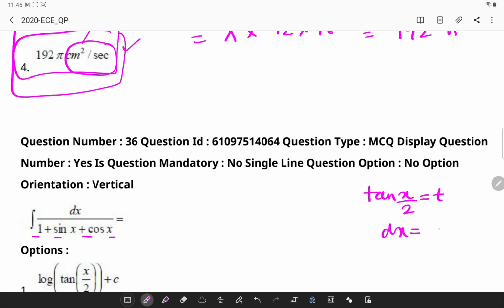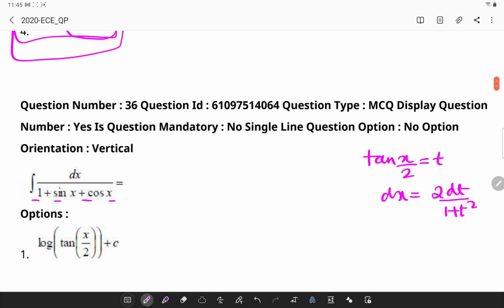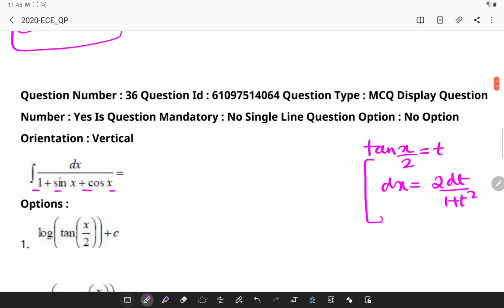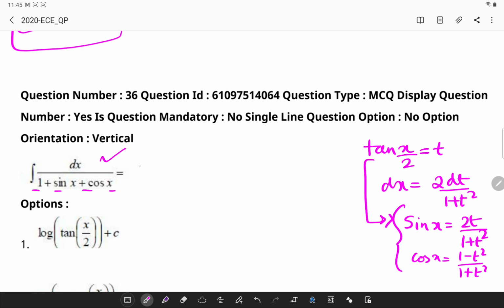Therefore my dx will be 2 dt by 1 plus t square, because with this consideration I will have sin x as 2t by 1 plus t square and cos x as 1 minus t square by 1 plus t square. So I have to substitute this in this equation.